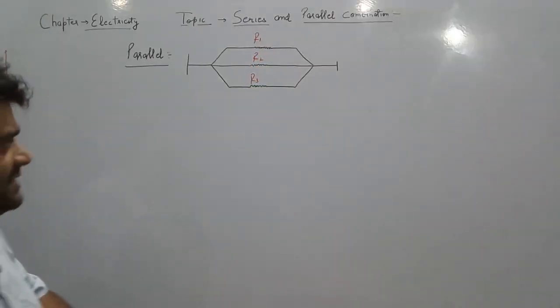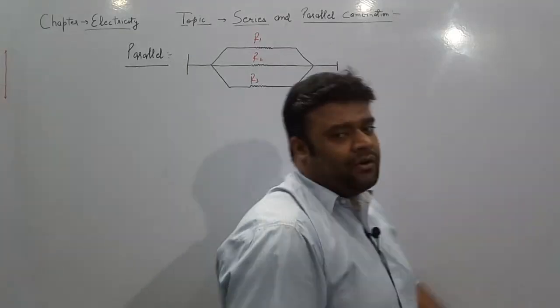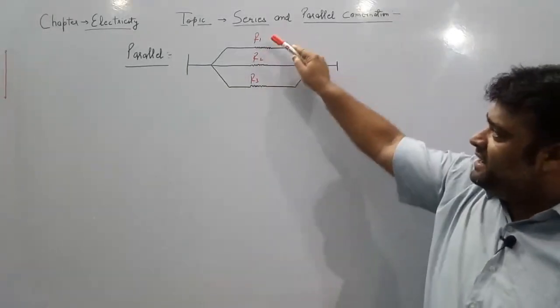Again, three resistances are connected in a parallel combination, that means in a line parallel to each other.